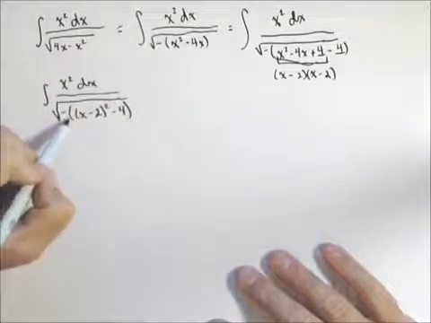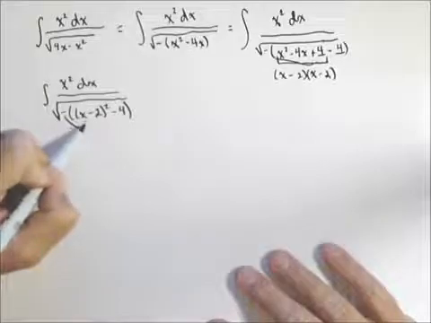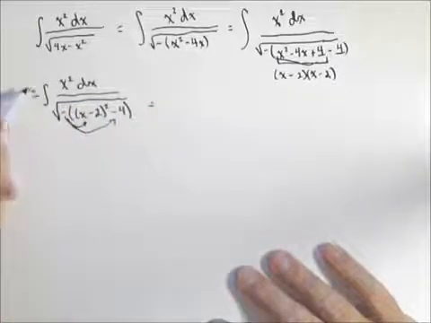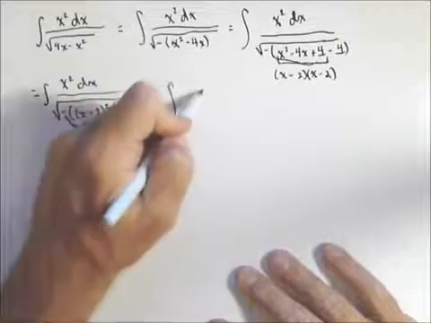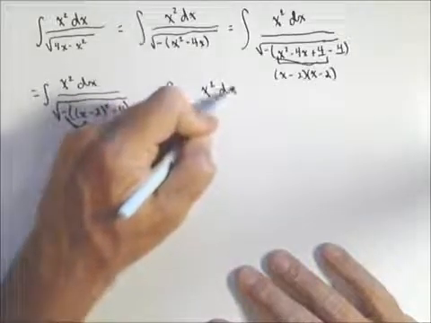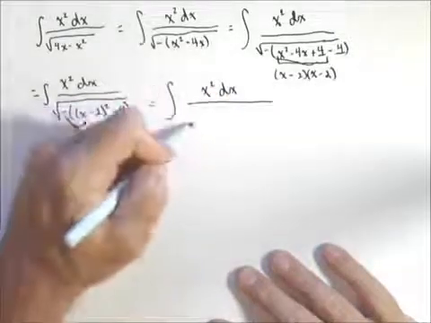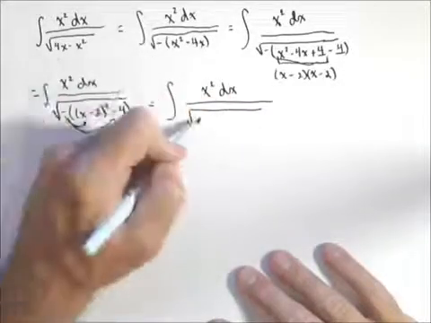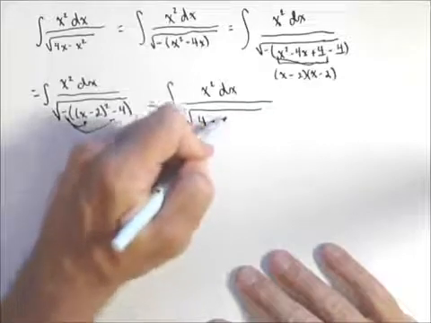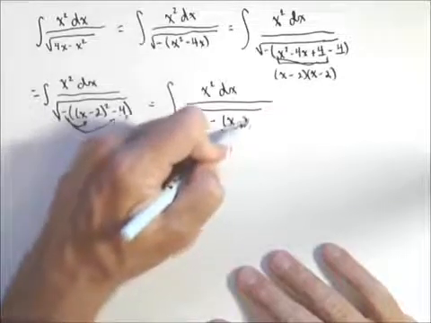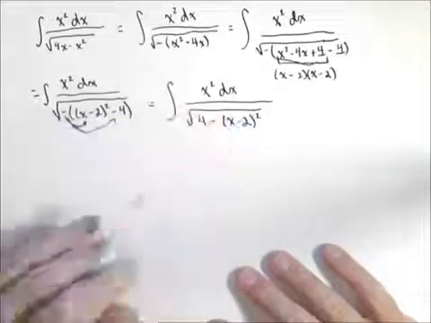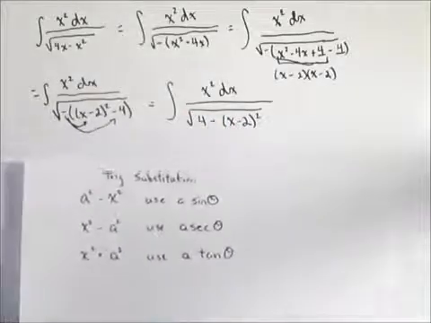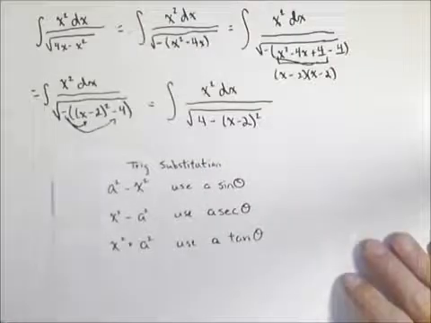Now, in order to identify our substitution, I am going to distribute this negative over the parentheses. So x squared dx all over the square root of 4 minus x minus 2, the quantity squared.